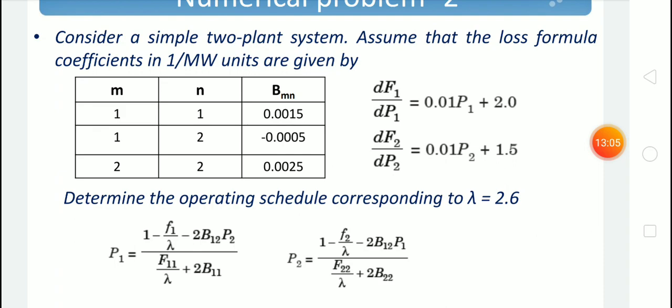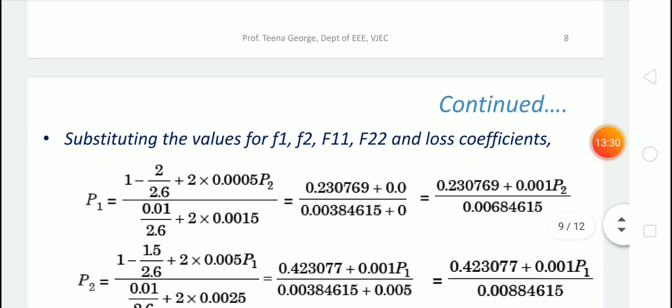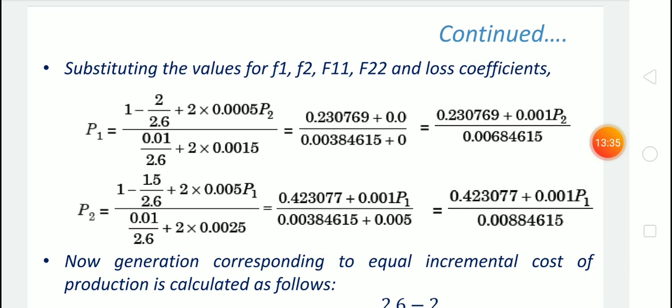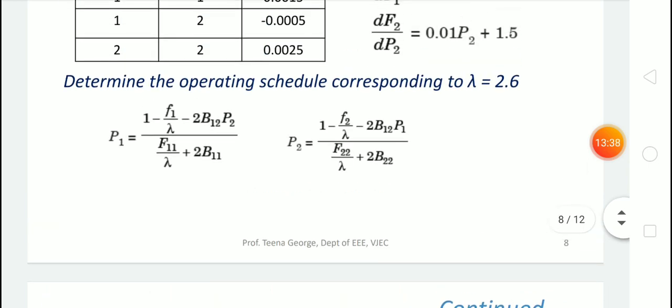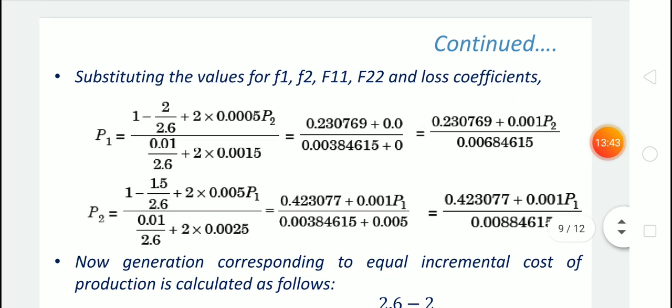So here f1 is 2 and f11 is 0.01, b12 is minus 0.005, and b11 is 0.0015. Similarly for p2 also. We can substitute all these values. Then we will get two equations, p1 and p2, in terms of p2 and p1, because in the loss formula we have p2 and p1. So p1 and p2 will be obtained in terms of p2 and p1.